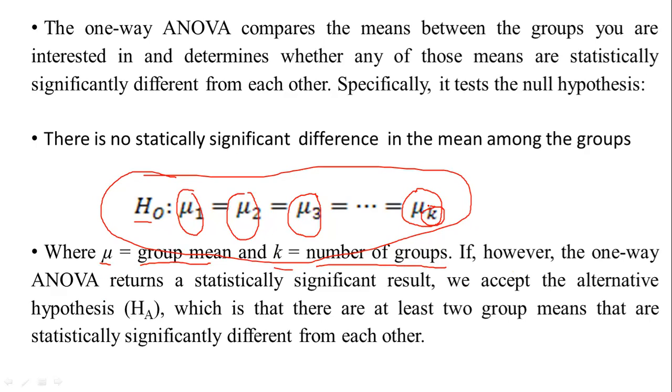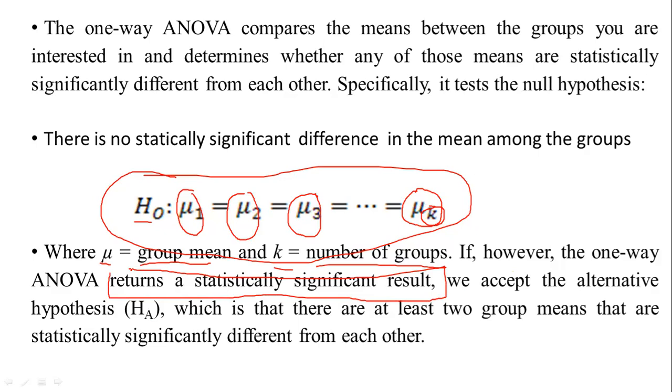we accept the alternative. So it's very important that if we get a significant result, we accept the alternative hypothesis, which says that there might be a difference in the mean of the groups that you are considering.